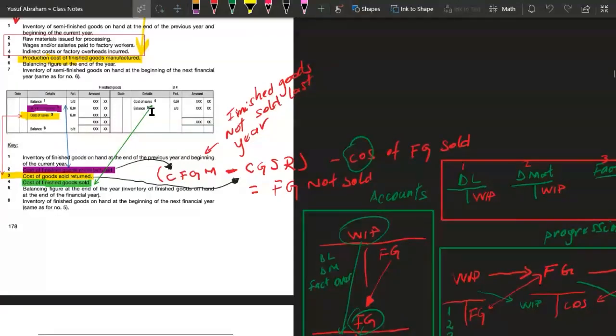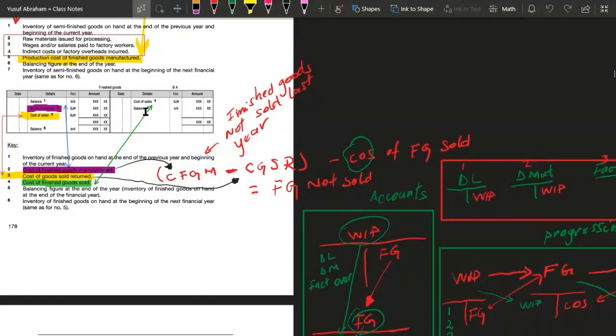But how are we gonna balance with the cost of sales? Now that for this year we have 12, we're gonna see how much we're going to sell this year. Out of the 12, how many are we gonna sell? Let's say we're gonna sell 10 of them. So for the cost of sales, those 10s will reflect there.